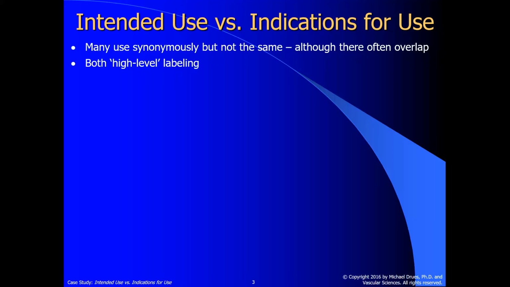Now, one thing that we should remember when FDA is reviewing a submission for a medical device or a drug or whatever: the high level labeling, the intended use, and the indications for use, if the FDA reviewers are doing their job, they will parse these statements word for word, letter for letter, punctuation mark for punctuation mark.